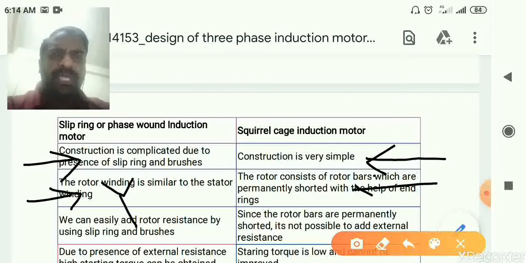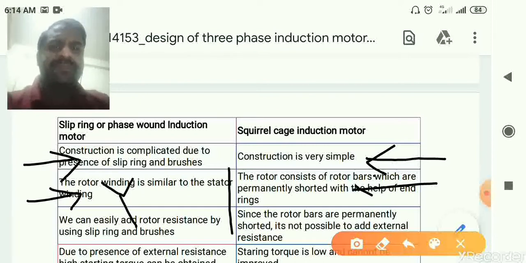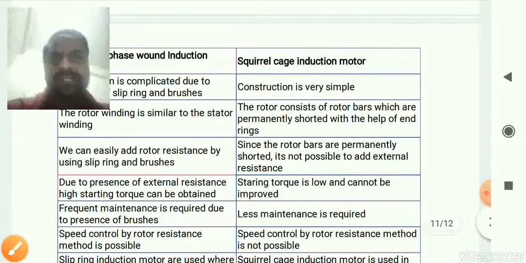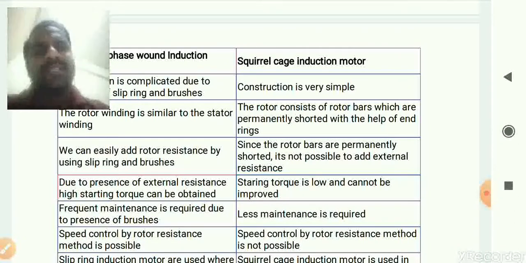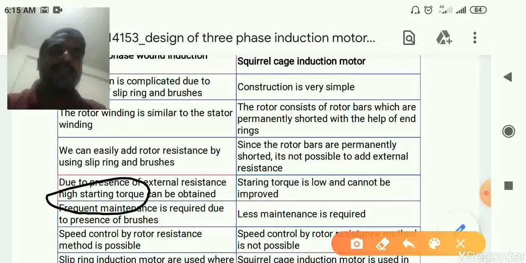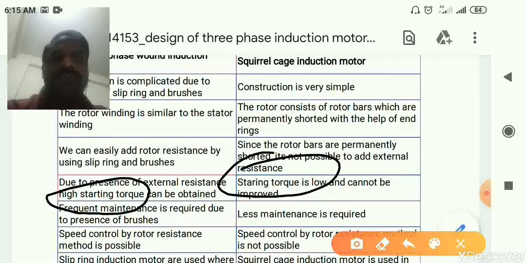Due to the external resistance that we can add in the rotor circuit, slip ring induction motors are normally used for high starting torque applications. And the performance of the squirrel cage induction motor is normally better if it is used for low starting torque applications.